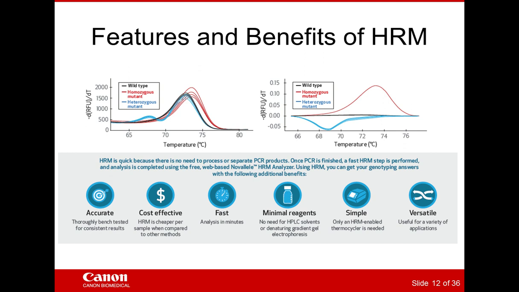And that makes sense. Well, the wild type has 2 alleles that are non-mutated. The homozygous mutant has 2 alleles that are mutated. So within that sample, one species exists. So that's why you just see a change in the temperature in which they melt. And that's different from the heterozygous mutation, where you have one allele that is non-mutated and one allele that is mutated.